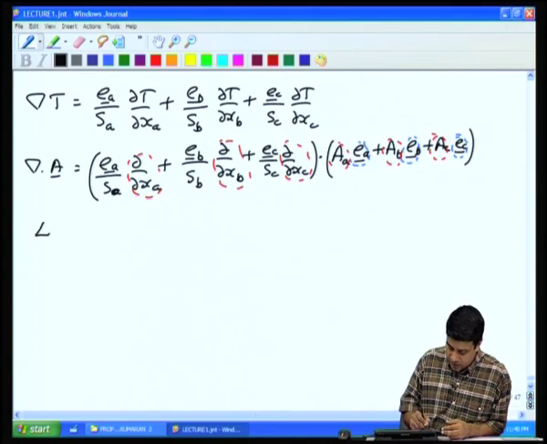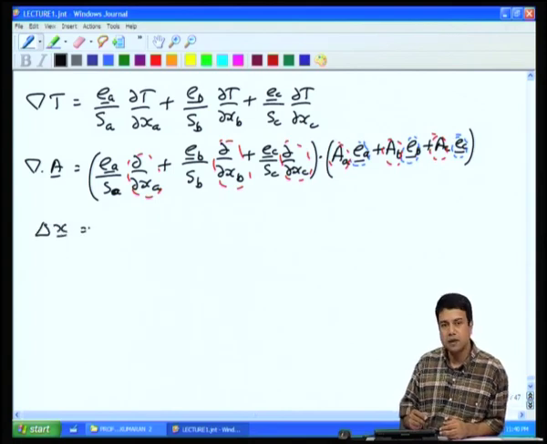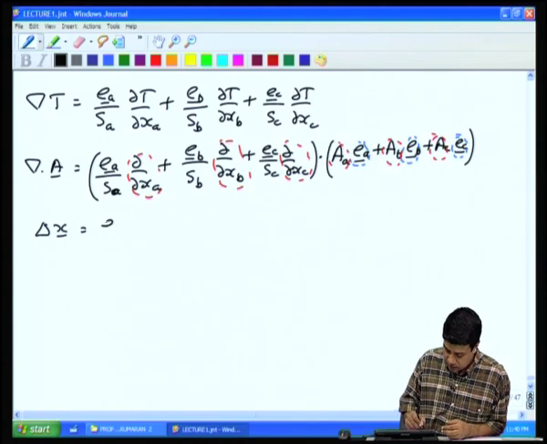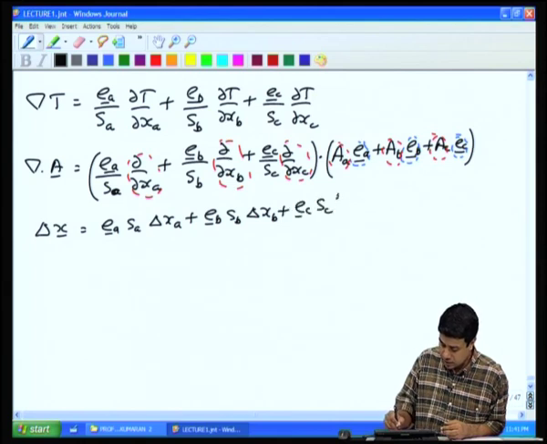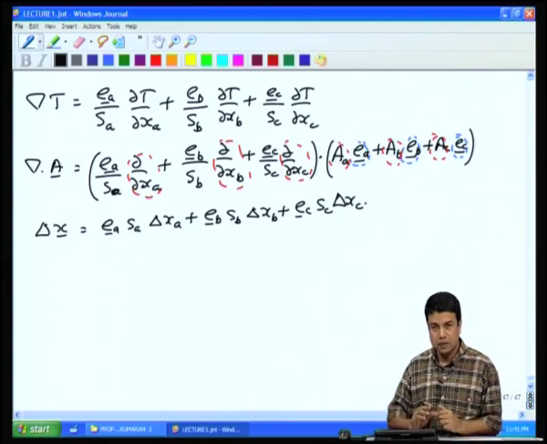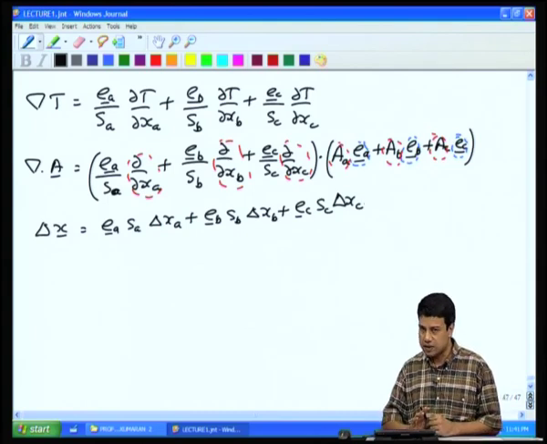If I take a small displacement delta x, this can be written as e_a S_a delta x_a plus e_b S_b delta x_b plus e_c S_c delta x_c, where the e's are the unit vectors, S's are the scale factors, and delta x's are the small changes in coordinate.